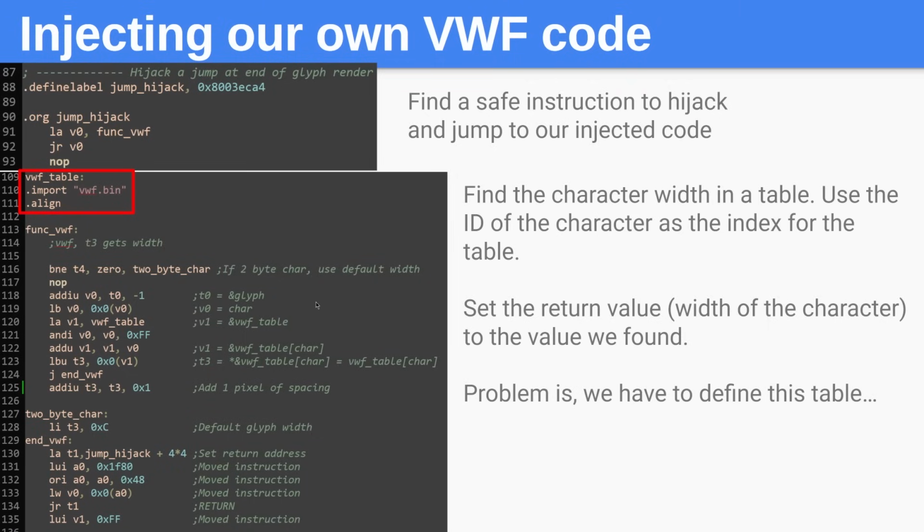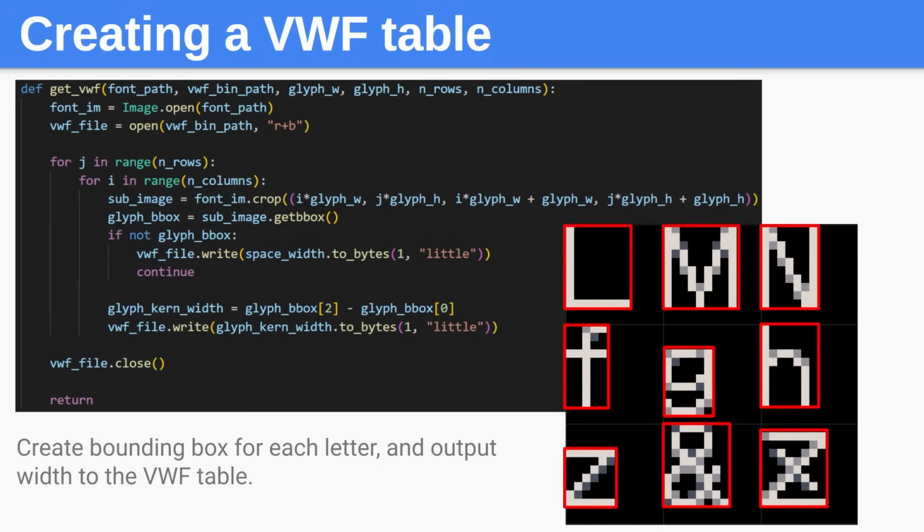So obviously that means that we have to come up with this table that has the width of each and every single character. Luckily, that's not too difficult. In Python, I just have this function that gets the variable width font table.